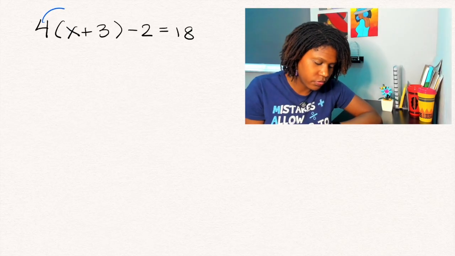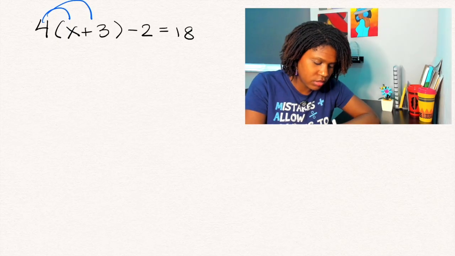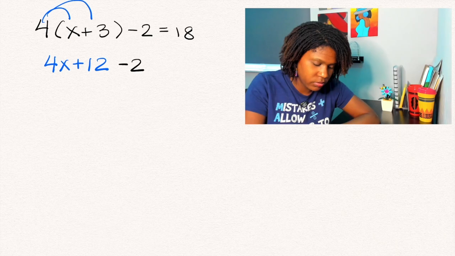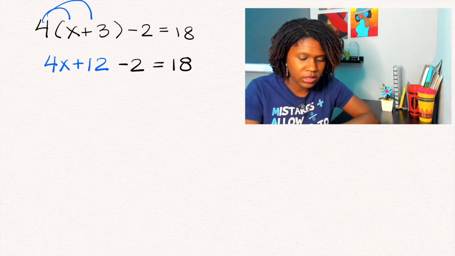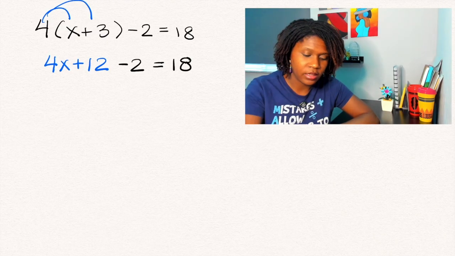We're going to distribute the 4 to the x and the 3. So 4 times x is 4x, and 4 times a positive 3 is a positive 12. And then we're just going to bring down everything else. Our next step would be to combine our like terms that are on the same side.